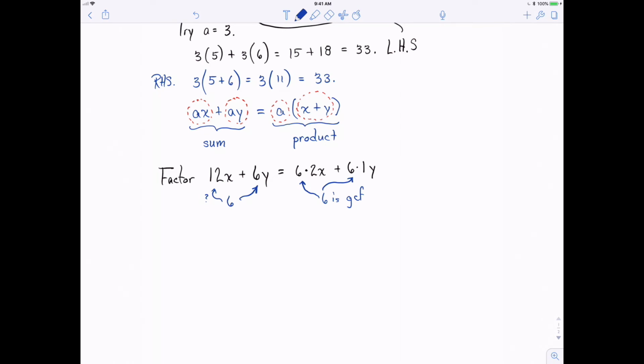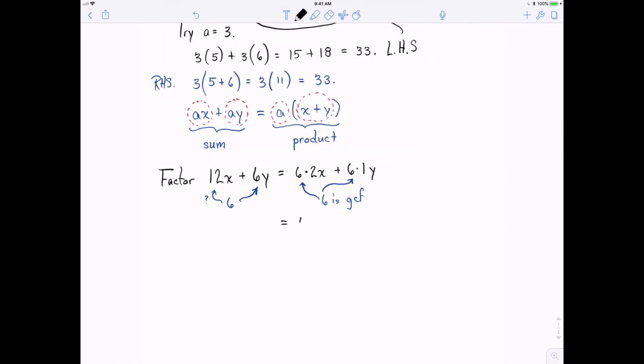So then, according to the distributive property, all we have to do is very simply put the 6 out in front, just like we are in the product up above, parenthesis, and then once the 6's are out, we write exactly what remains. And what remains is a 2x plus a 1y.